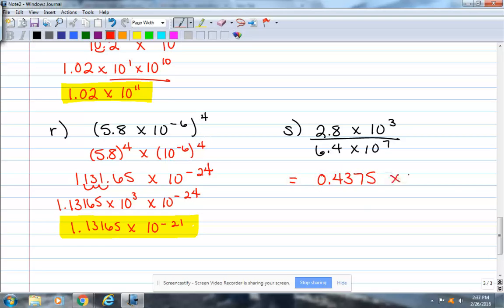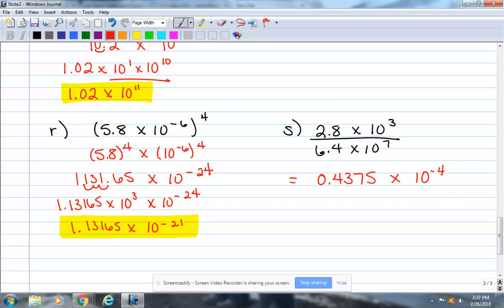0.4375 times 10 to what power when I subtract? Let's just subtract them, top minus bottom. So 3 minus 7 is negative 4, right? Is that in scientific notation? Can we have a 0 in front? No, it's got to be 1 through 9. So how do I fix it to have a 1 through 9 in front?